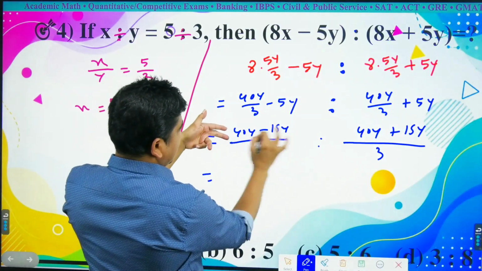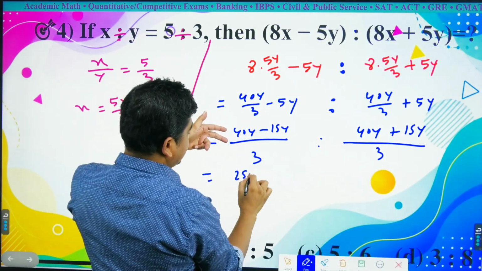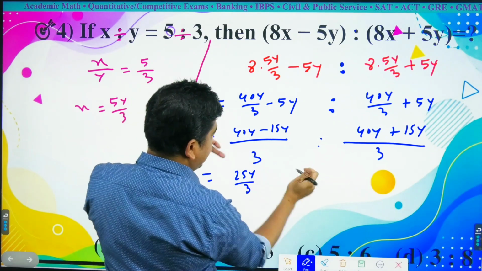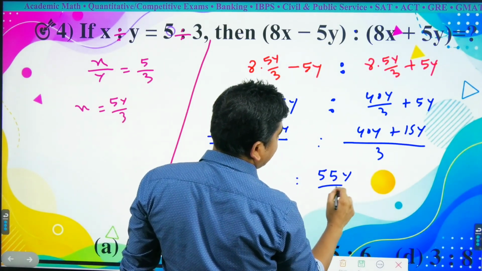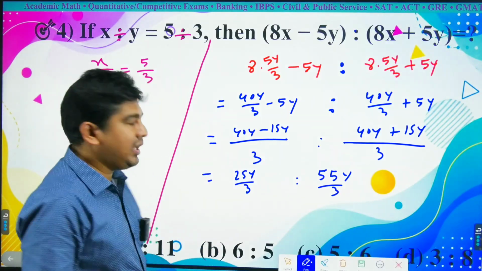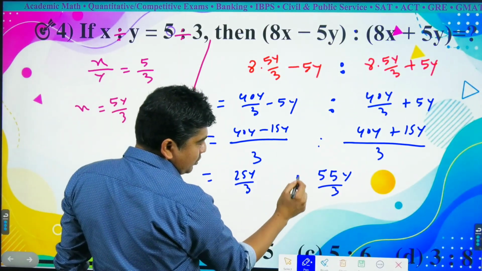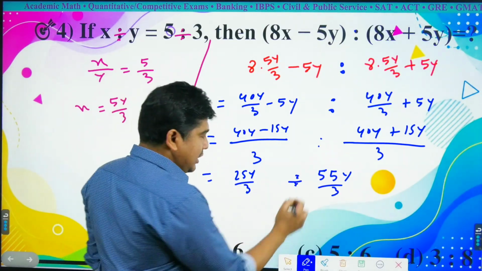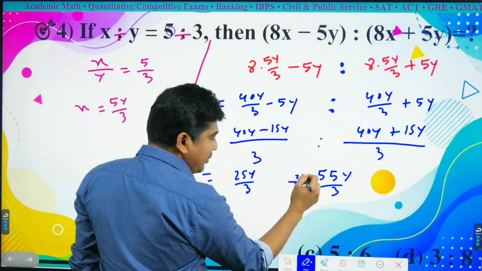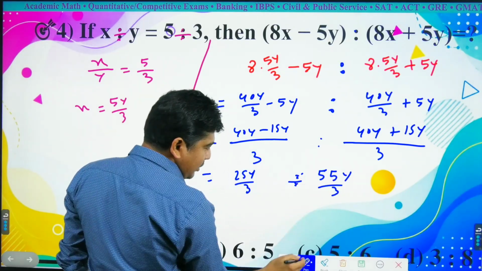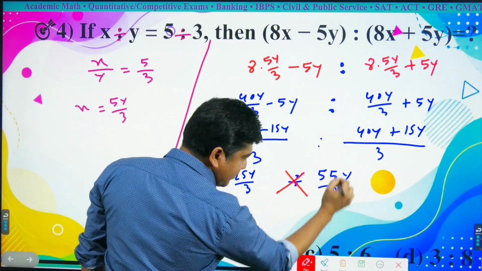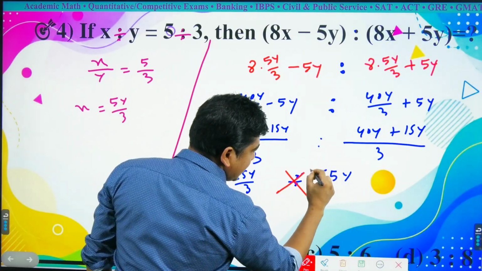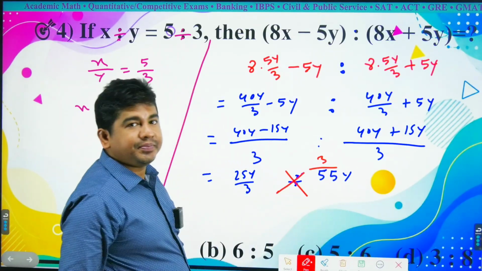From this equation we can write 40 minus 15, that means 25y by 3, over 55y by 3. This one is 2. 'Is to' means divide. If you make it multiply, then this term will invert, so 3 will come to the upper side.